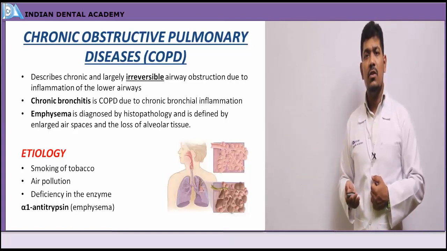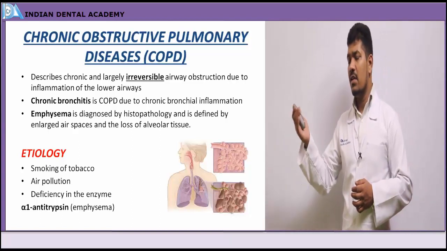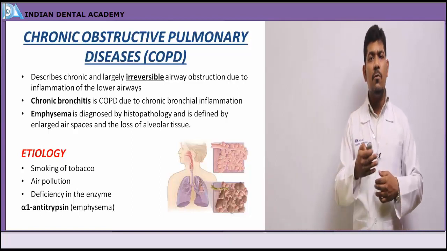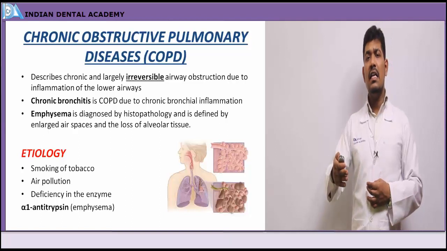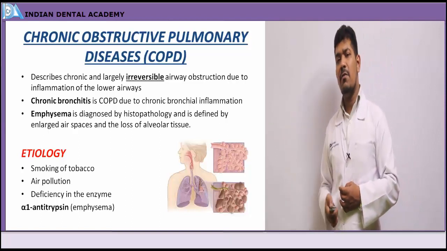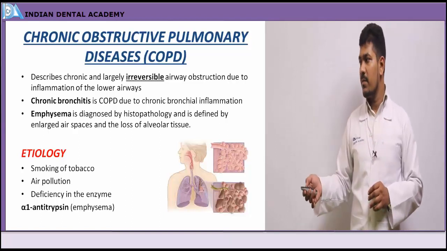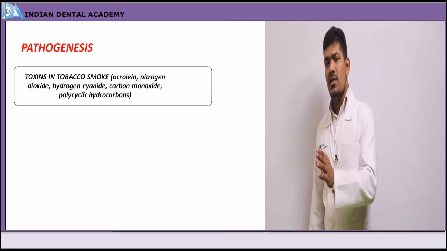Etiology, as with all other respiratory diseases, includes allergens like smoking of tobacco, air pollution, and also, typically for emphysema, a deficiency of the enzyme alpha-1 antitrypsin, which is a protective enzyme for the alveolar walls.